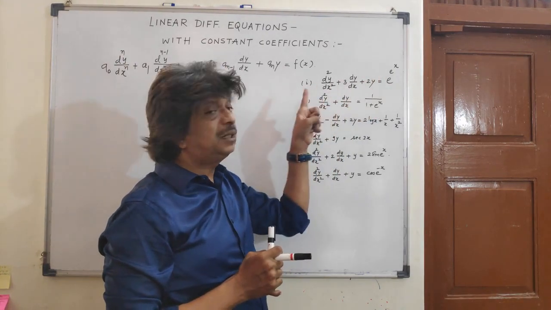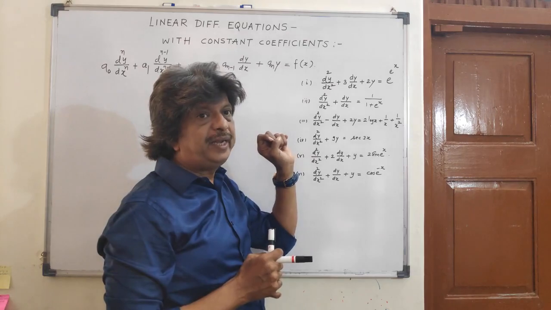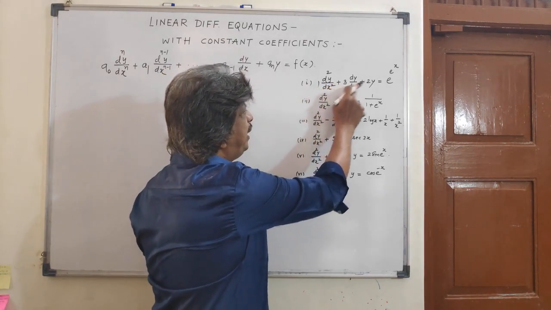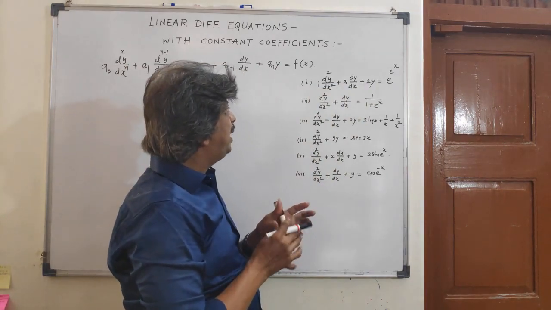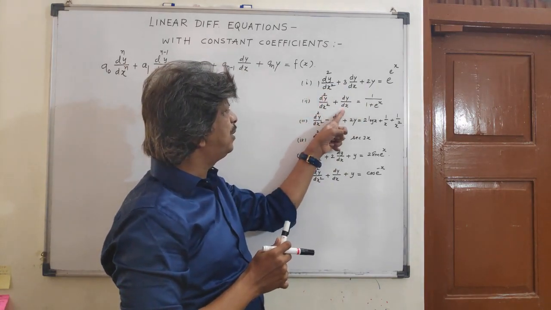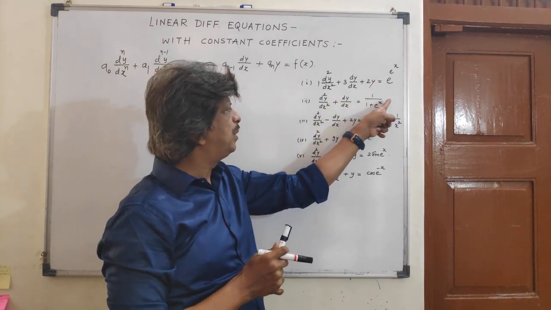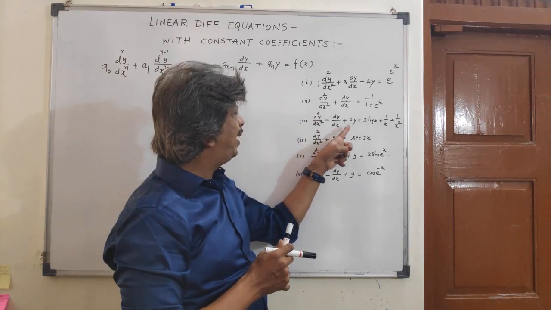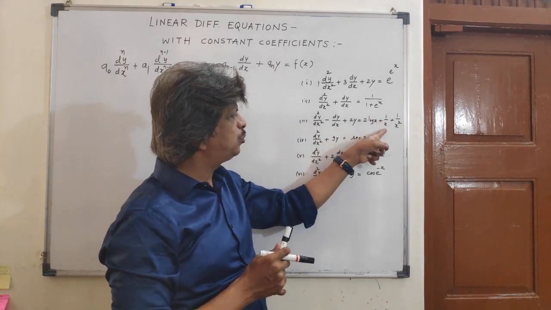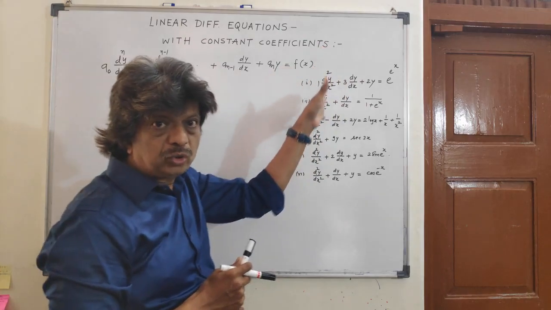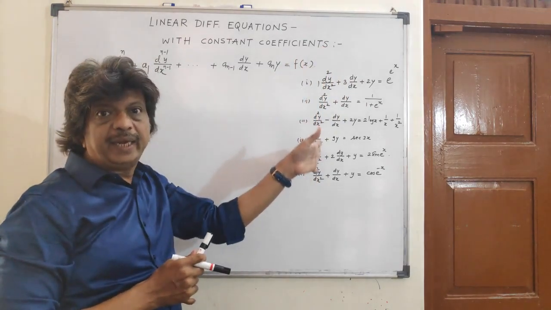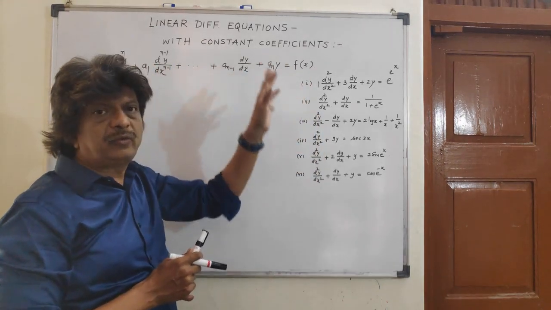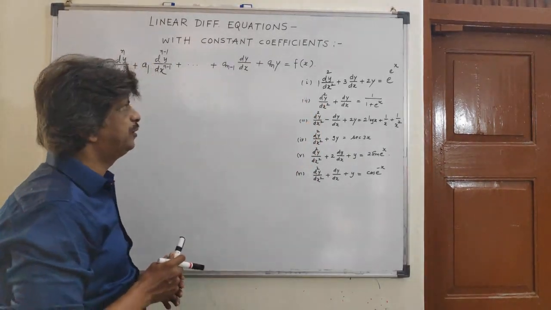This is a second order linear differential equation with constant coefficients 1, 3 and 2. Similarly, d2y by dx2 plus dy by dx equal to 1 upon 1 plus e^x. And d2y by dx2 minus dy by dx plus 2y equal to 2 log x plus 1 by x. So we are going to study how to determine the complementary functions of such linear differential equations with constant coefficients.